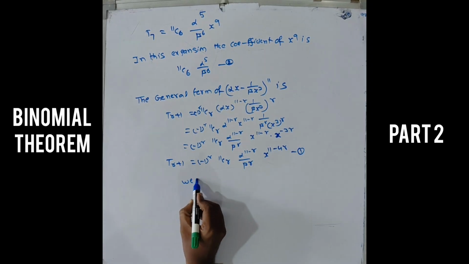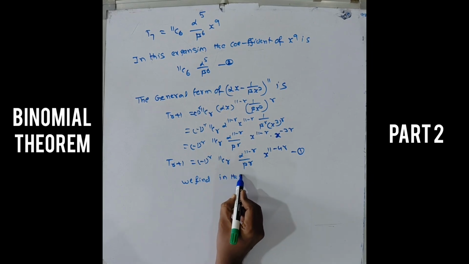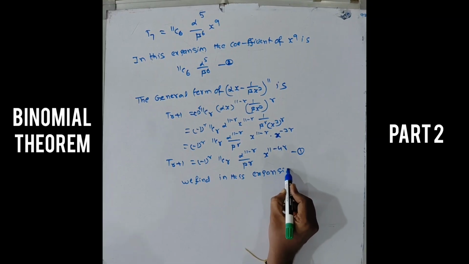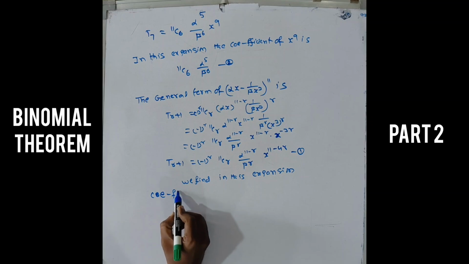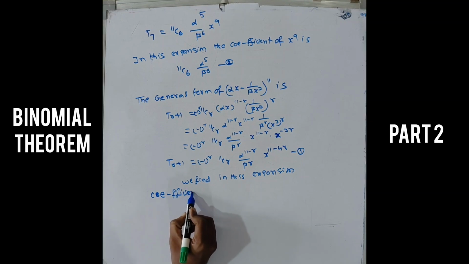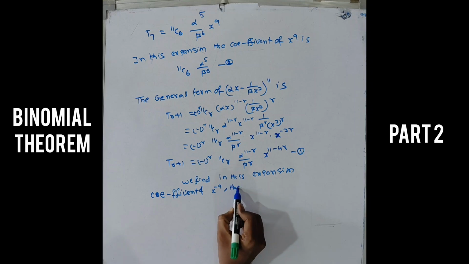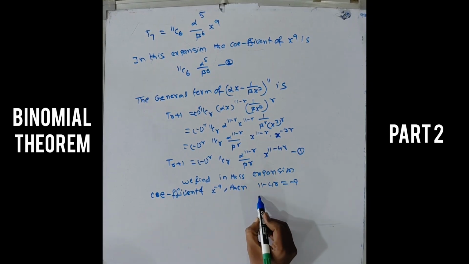We find, in this expansion, the coefficient of x power minus 9. Then 11 minus 4r is equal to minus 9.